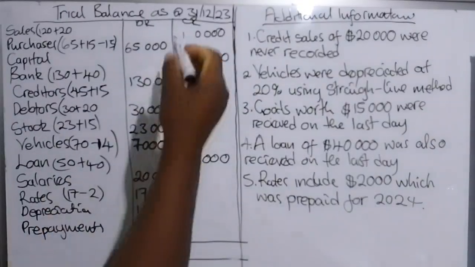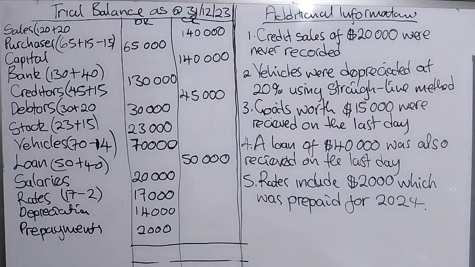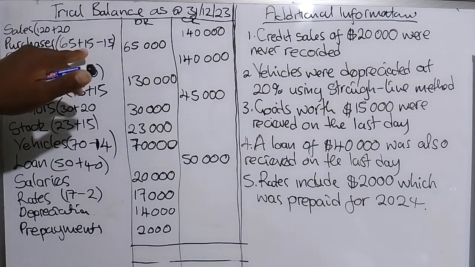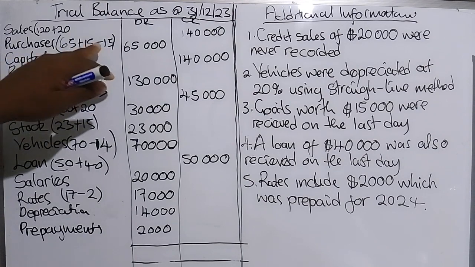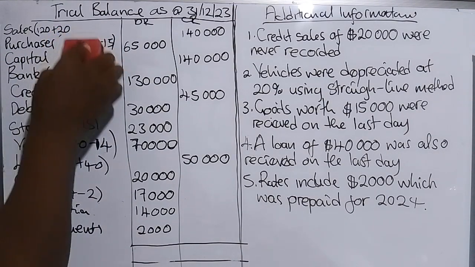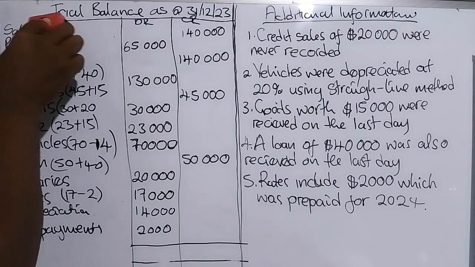So we are going to have 140 here. For purchases, there was no impact because we added 65,000 plus 15,000 minus 15,000. So we leave purchases like that.